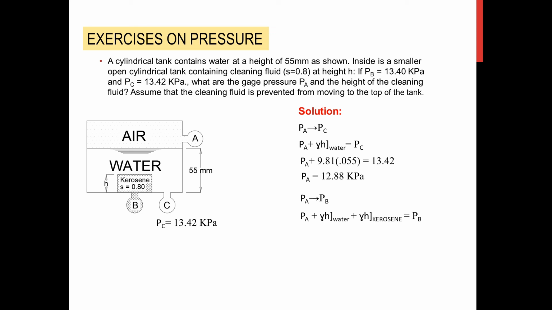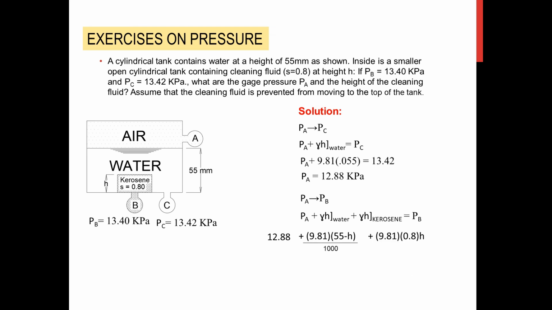So PA, okay, plus gamma H of water, and then plus gamma H of kerosene. Eventually, we have the end pressure, 13.4 kilopascal for PB. PA here is computed to be 12.88 plus 9.81 times 55 minus H. So this will be divided by 1000, again, to be consistent that our units is in meter.